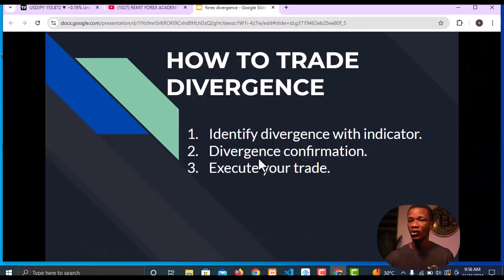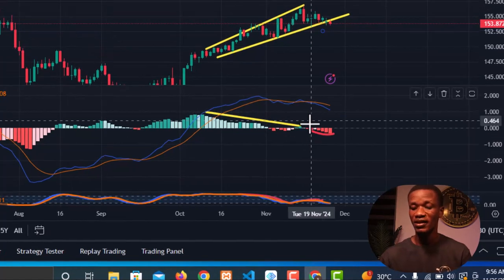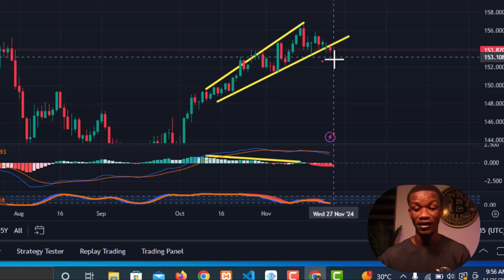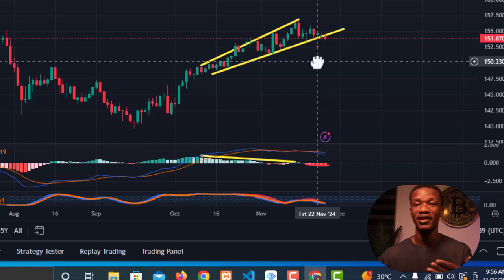After confirmation of every trade, the next step every trader takes is execution. So how do you execute your trade right here? Once this is in check and you want to trade this divergence, the most important thing you need to do is to plan your target, your stop loss, and your entry point.